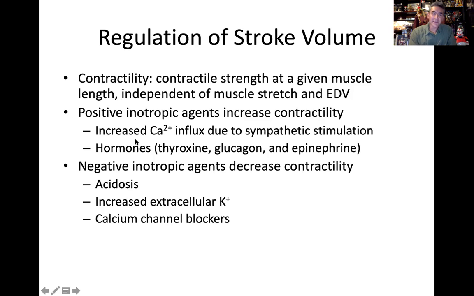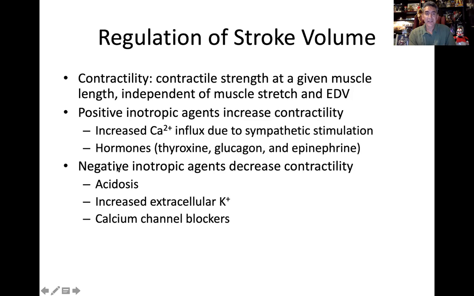But on the opposite side, negative inotropic agents will decrease contractility. If you know something about acidosis, you went to the gym and worked out hard, you have all this lactic acid in the system, you're sore, and the skeletal muscles just don't want to generate the same amount of contractile force. Well, that can have an impact also on the cardiac muscle fibers.